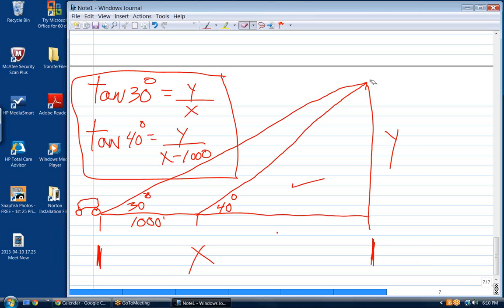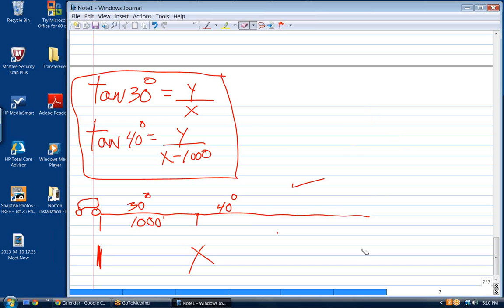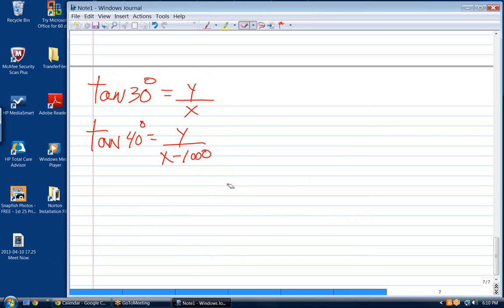So how are we going to solve these 2 equations and 2 unknowns? Let's solve one of them for y or x.